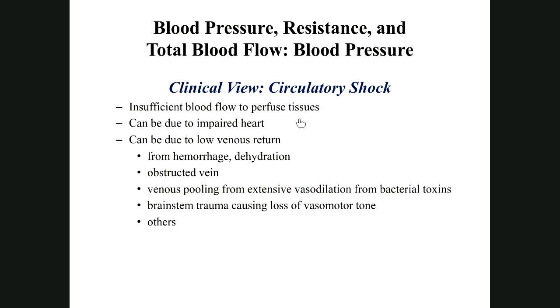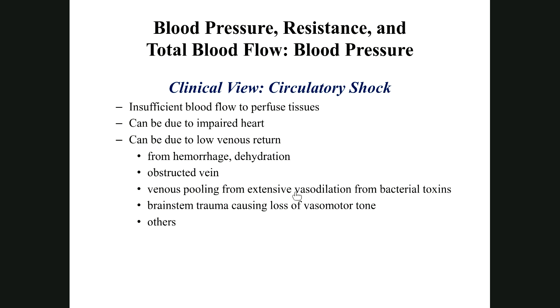So you either are bleeding out, losing blood, like hemorrhaging or dehydrating, or you have not enough blood flow to the right organs, to the right regions of the body. This is sometimes due to what we call extensive peripheral vasodilation.